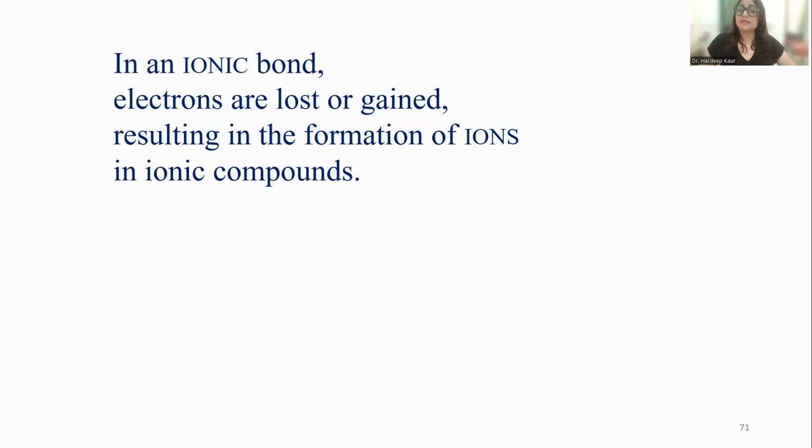So we can say in an ionic bond, electrons are lost or gained, resulting in the formation of ions. Because of that, this bond is between ions. That's why we call it an ionic bond, and it occurs in ionic compounds.